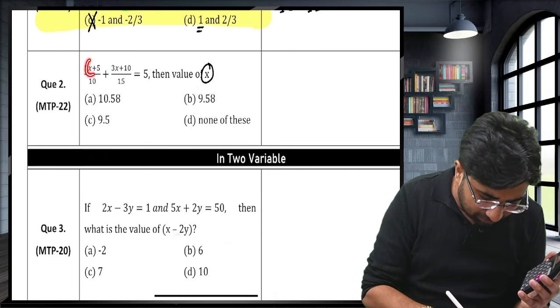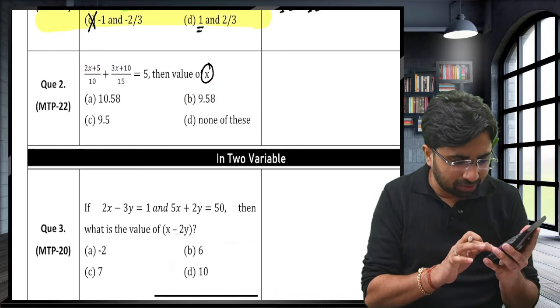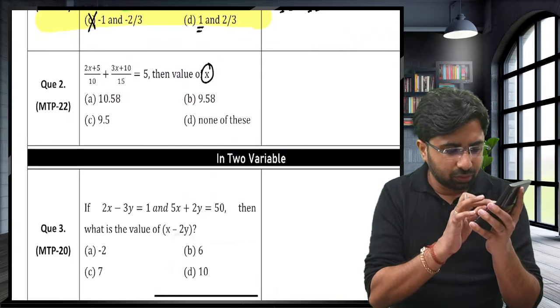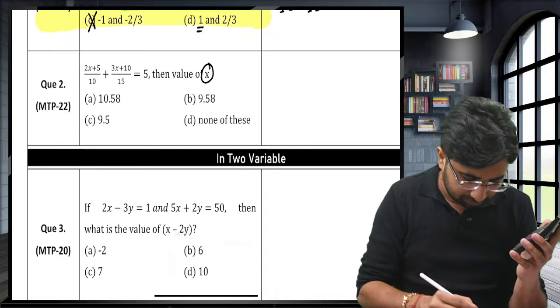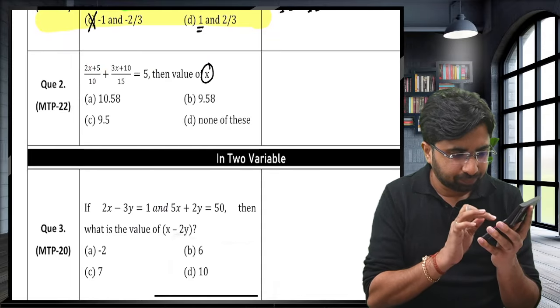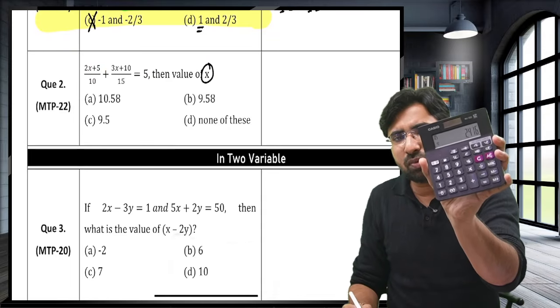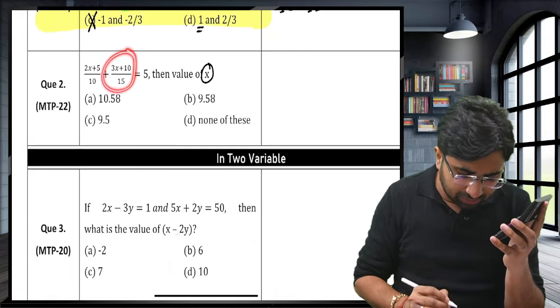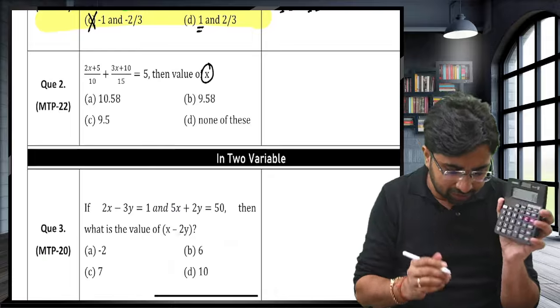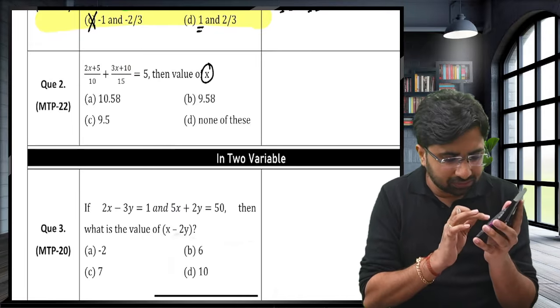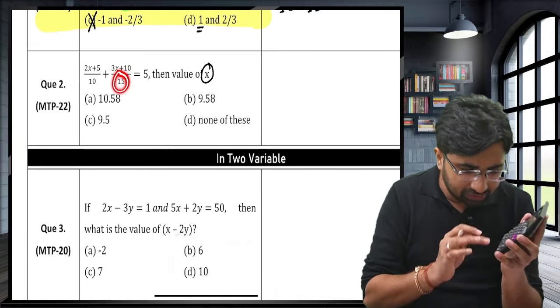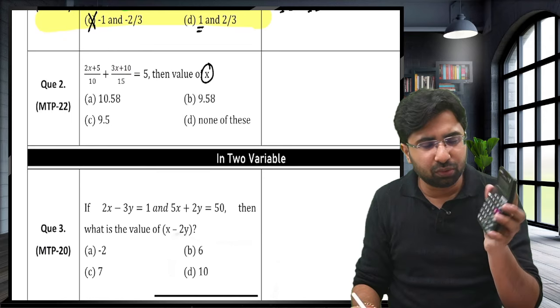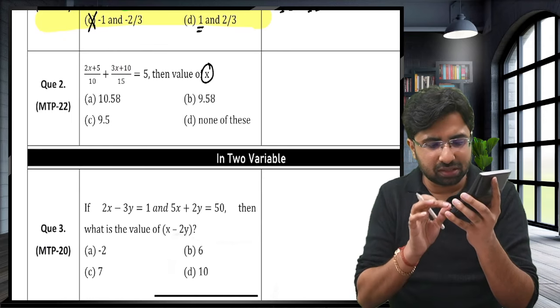Clear the memory, 2 into 9.58 plus 5 divided by 10. You must be getting 2.416. M plus. Now let's calculate this. 3 into 9.58 plus 10 divided by 15 is equal to 2.58. M plus, MRC.